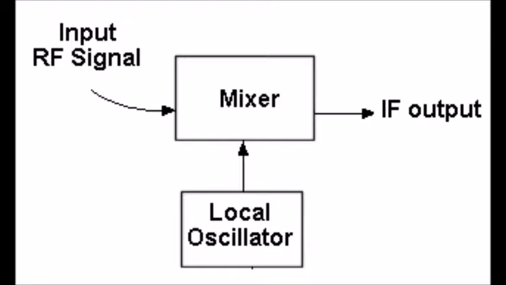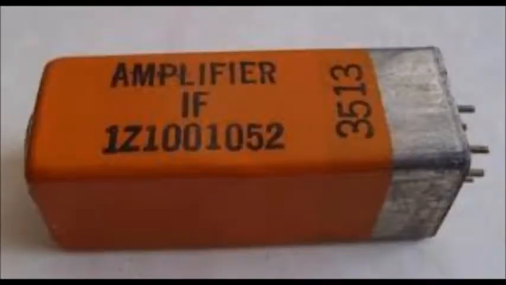Now these mixed frequencies are sent to the next part, that is the IF amplifier and the filter, and these signals are now applied to a fixed intermediate frequency amplifier and filter. Any signals that fall within the passband of the IF amplifier will be amplified and passed on to the next stages.